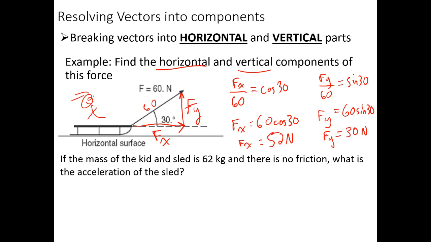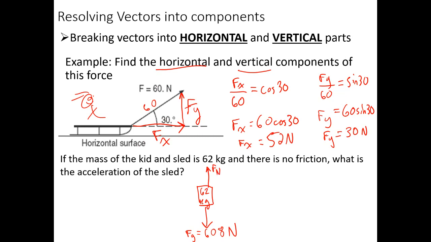So here's an application of dynamics where, like before, we will draw a free body diagram. If we have a 62 kilogram kid and sled, that means that our gravity force acting on this thing would be 62 times 9.8 or 608 newtons. This time, we are going to have a normal force.